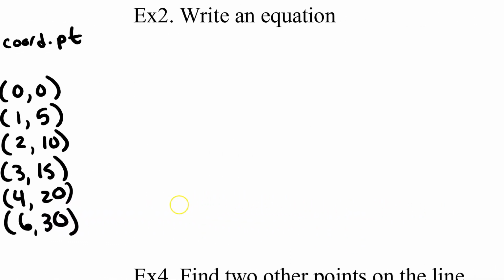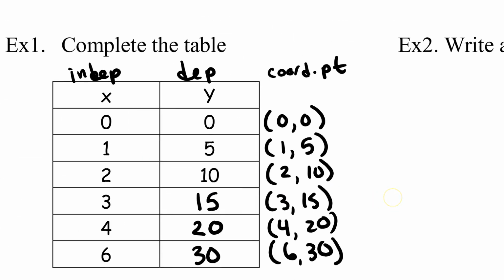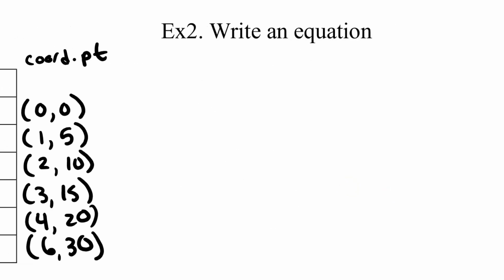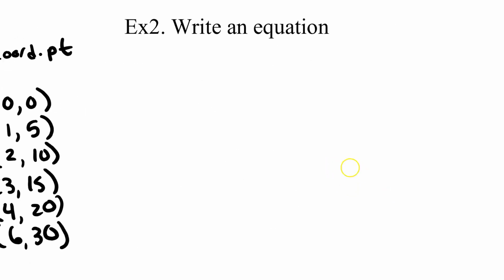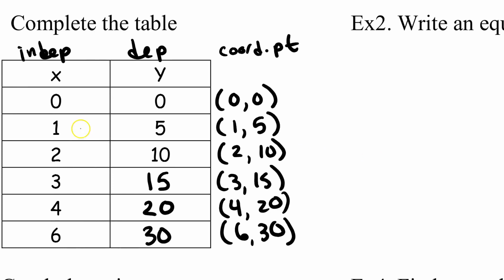The next step of what we're going to do is we're going to write this as an equation. Now that is a little bit more of a tricky kind of thing to do, and in general I'm just going to get you to plunk independent variables into equations to solve for the dependent. I won't get you to write an equation, but this one's a little bit easier. We kind of described it.